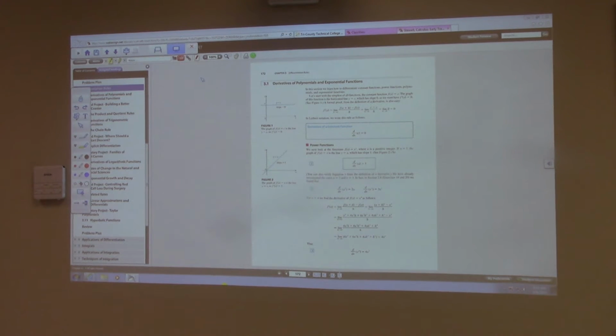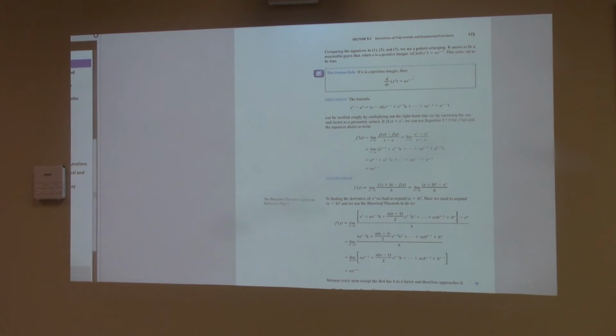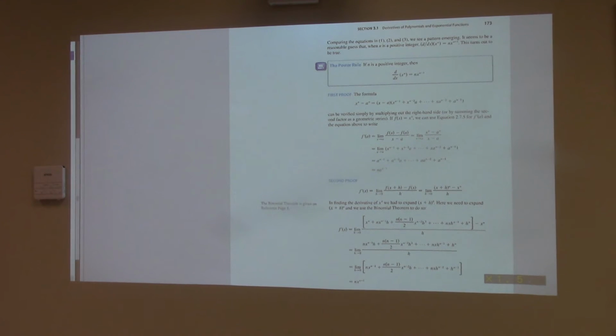But probably on the next page, they're going to show you the actual rule that they're using. Nope, there it is. The first rule of derivatives, besides the derivative of a constant, is right here.